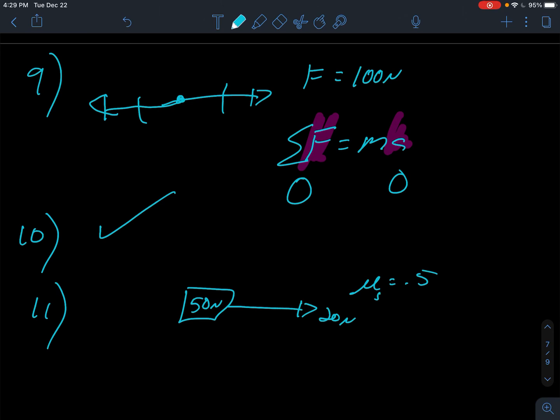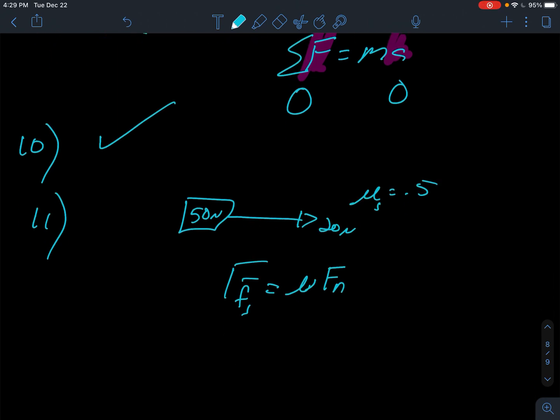So this is what they're trying to get you to do, saying force of static friction.